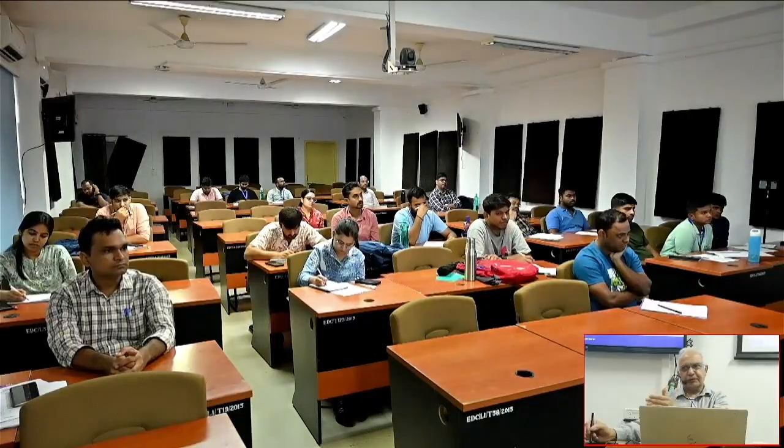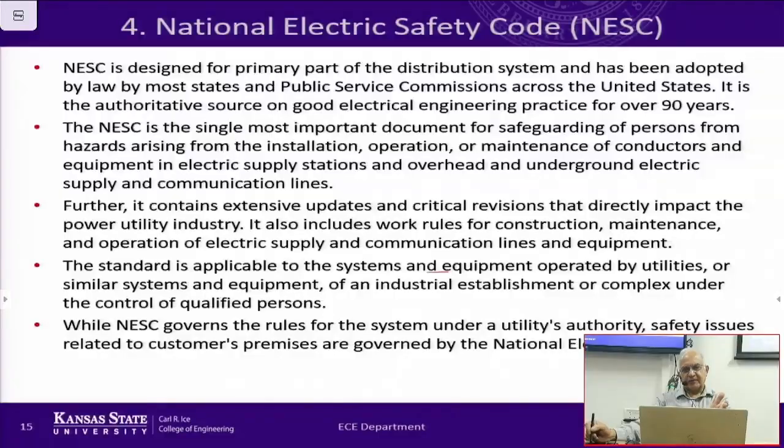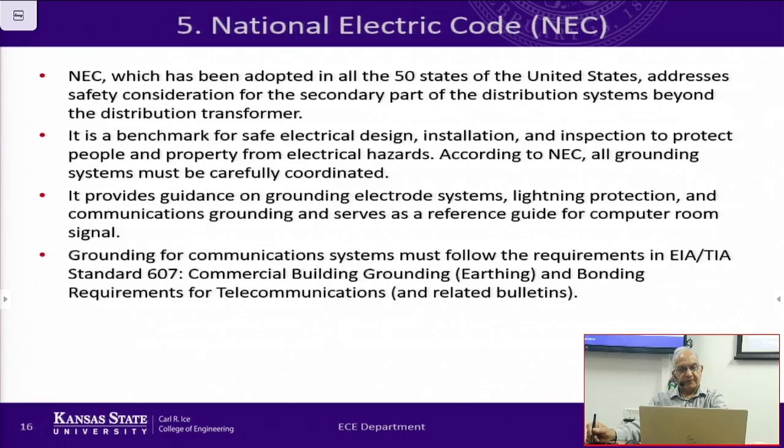The National Electric Safety Code applies to the utility's distribution system, whereas the National Electric Code is beyond the transformer and goes into people's homes, so wiring of homes and those kinds of things. That's something to keep in mind. Again, I'm not giving a whole lot of details. If people are interested, you can search for additional literature and review it.